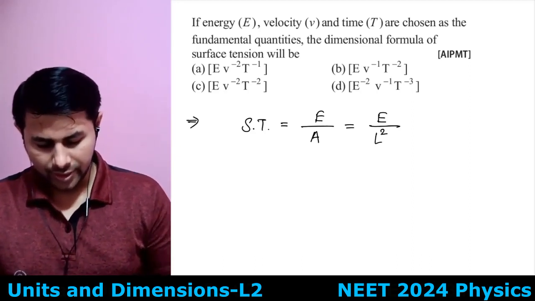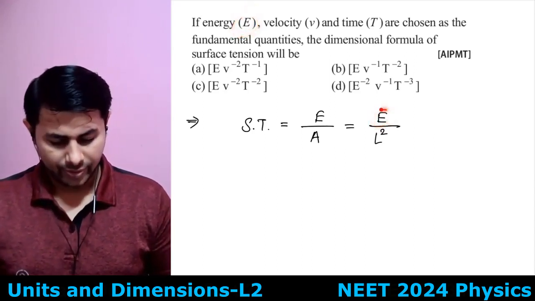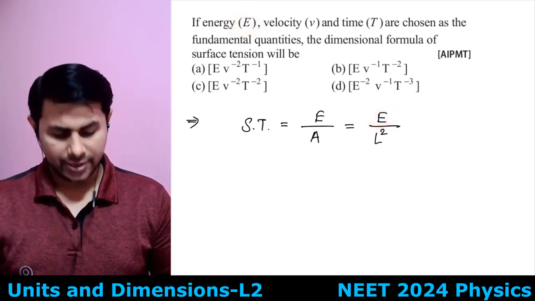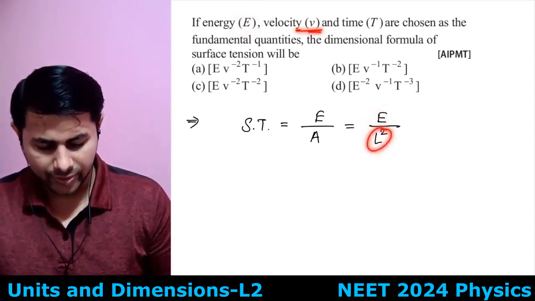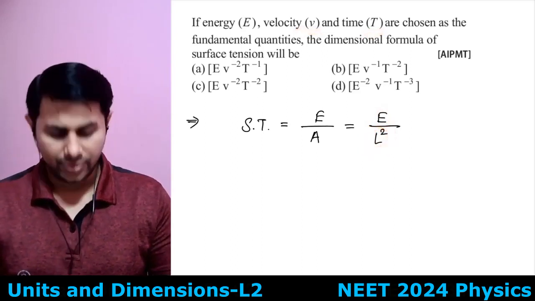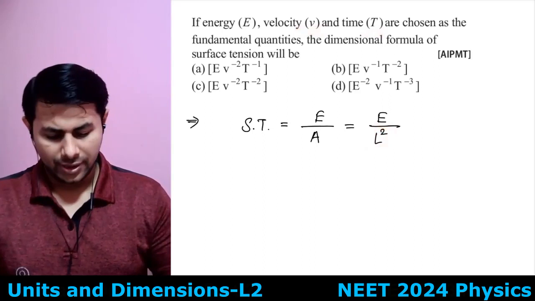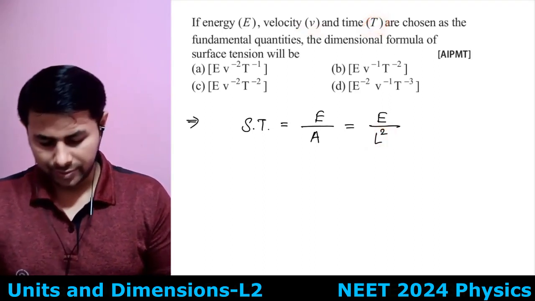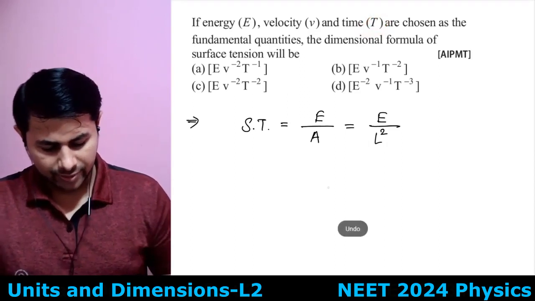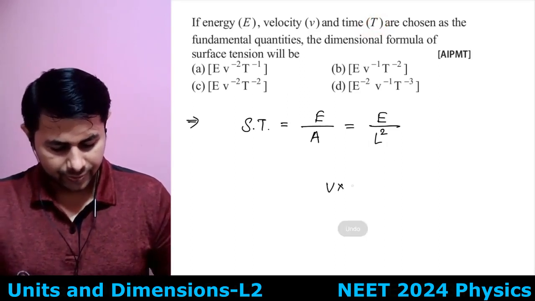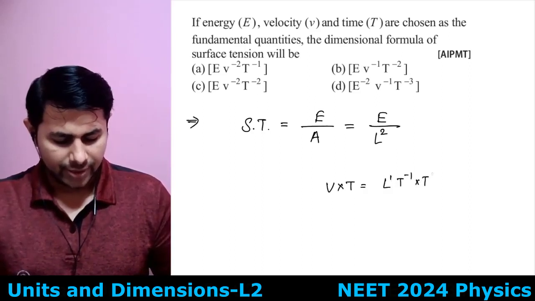So I have got energy, so I will keep it. In this formula also I have got energy, so I will keep it, and I have to manage L square from velocity and time. So what should I do? Velocity is L1 T raised to minus 1, time is T raised to plus 1. If I multiply them, velocity multiplied by time is L1 T raised to minus 1 multiplied by T raised to 1.